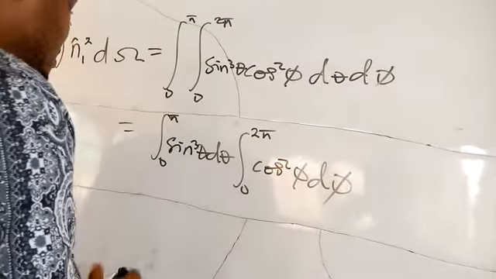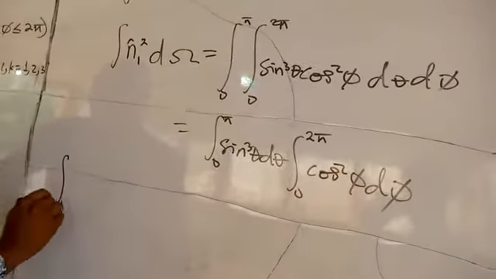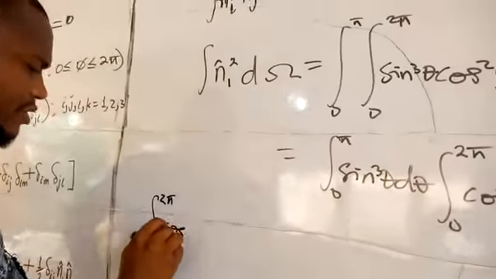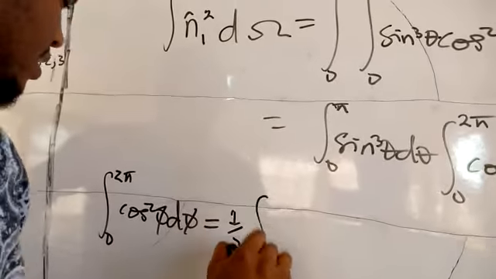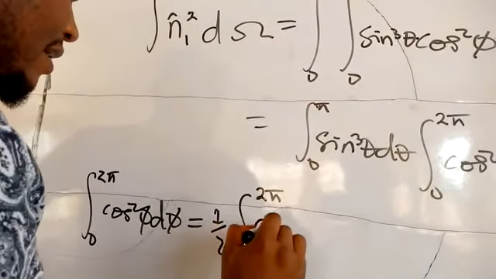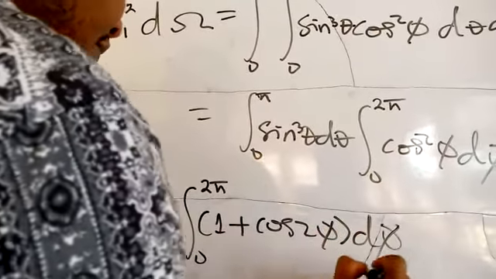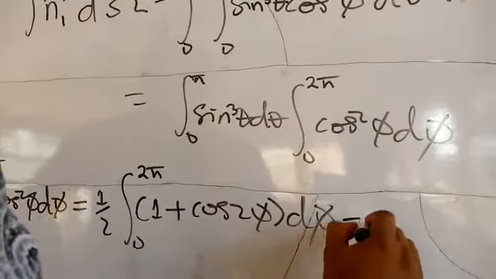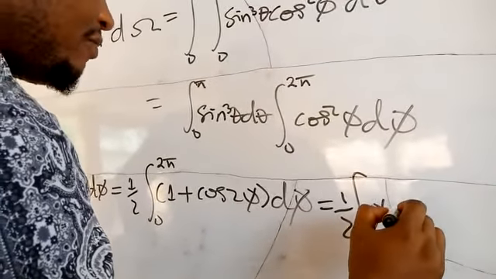But dealing with this factor, for instance, 0 to 2 pi of cos squared phi d phi is the same thing as 1 all over 2 integral of 0 to 2 pi of 1 plus cos 2 phi d phi, which, by the way, is 1 all over 2, and I'm going to integrate that, will give me that.